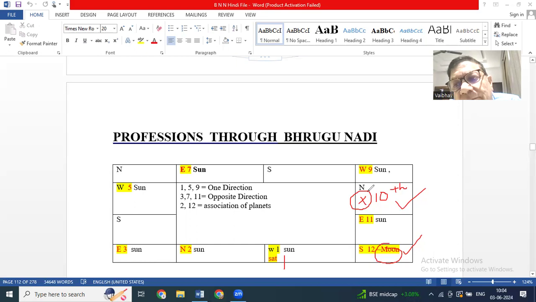This is the second principle. In our previous class we checked the combination of planets with Saturn. Now we are checking Saturn's 10th Lord and 10th house: which planets are in the 10th house, and the 10th Lord.